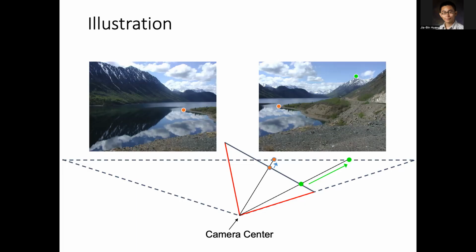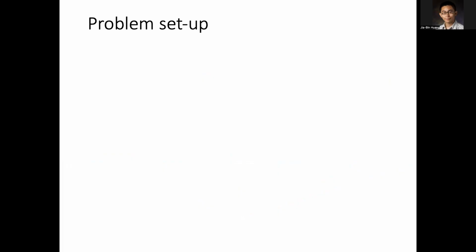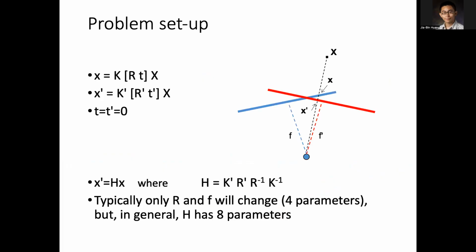Okay. All right. So here's the problem setup. It's actually very, very simple. We use the very simple things of the camera. If I have a 3D point X, and that 3D point X is projected onto the first camera through this equation, through the K R T, and corresponds to these equations.